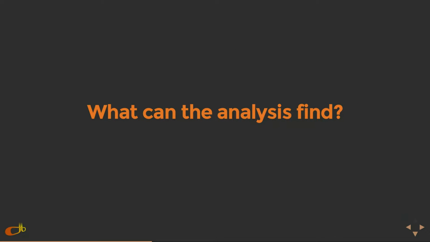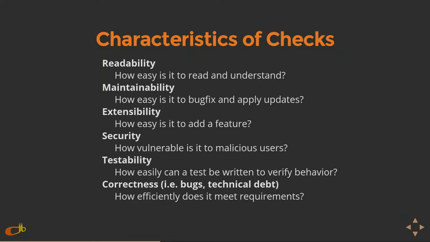So let's look in a little more detail. But before we do, I want to go over some generic categories or characteristics of these checks, to give a qualitative categorization of what is good code. So I've identified a few here, and I'm going to go through each one.